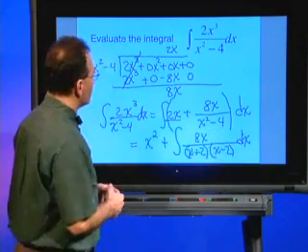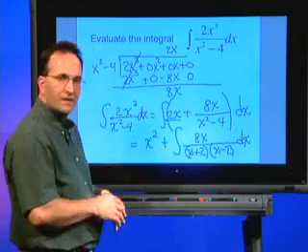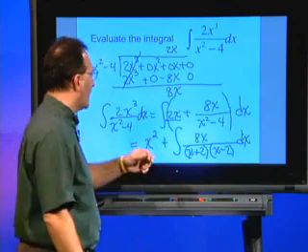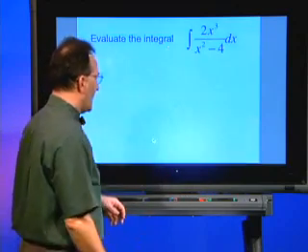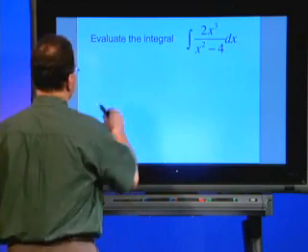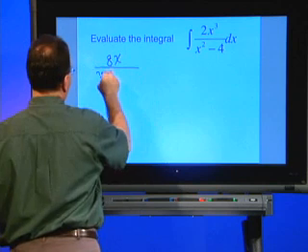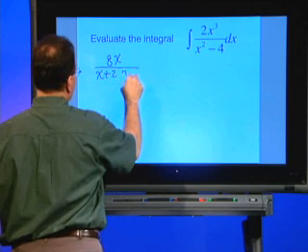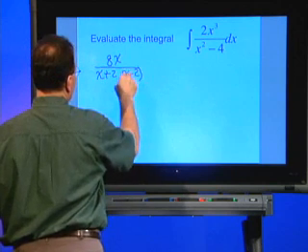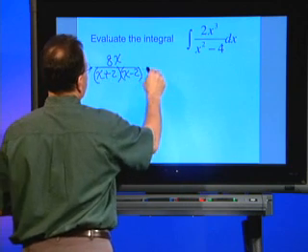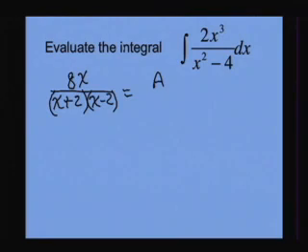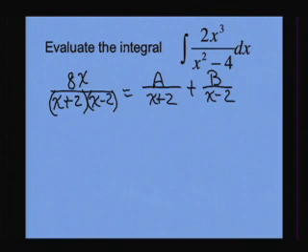So actually, I think that what we have here is enough that I can just erase that whole board and start with 8x over x plus 2 times x minus 2, and say that that's going to be equal to a over x plus 2 plus b over x minus 2.